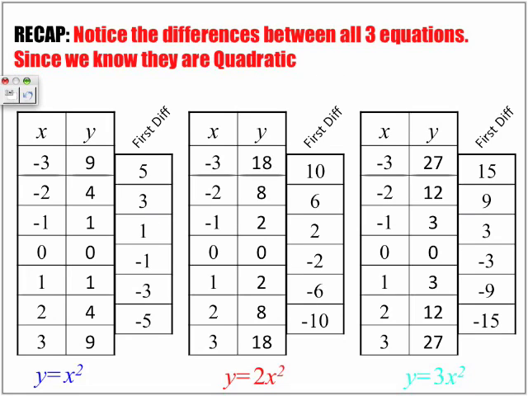So here we have our main original parabola, y is equal to x squared. And we said that all parabolas are congruent to that. Whenever our equation is y is equal to ax squared, we know that our vertex is always at 0, 0.